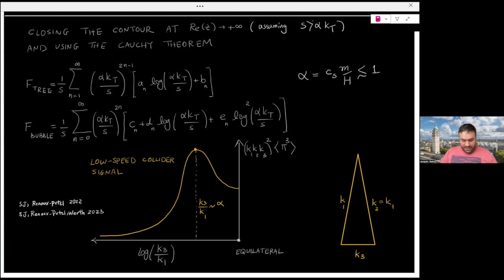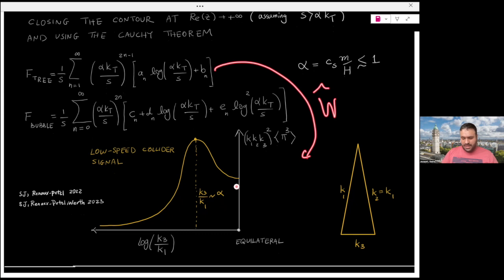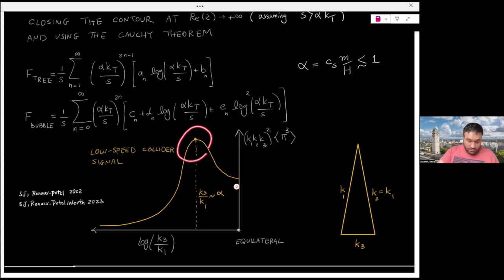For example, at tree level, this was discussed at length in these two papers. You find that if from this seed integral you apply a weight shifting operator and you go and compute the bispectrum, it is characterized by a bump in the squeezed regime where the squeezing parameter is of order alpha. You will see a bump which we called the low speed collider signal.